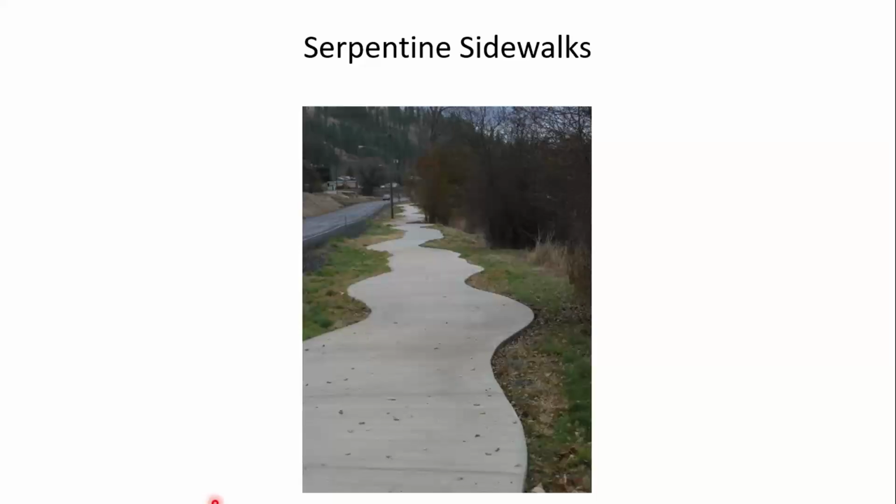I think they have a place maybe in parks or interpretive areas, other sites like that where people have the time to just sort of meander and enjoy the ambiance of wherever they are. But in the public right of way, I think people are using the sidewalk for transportation purposes.